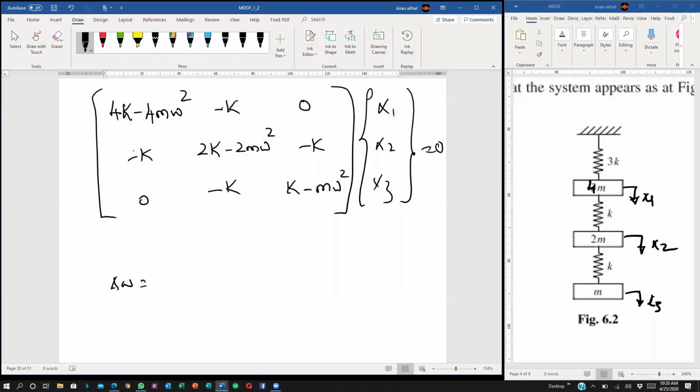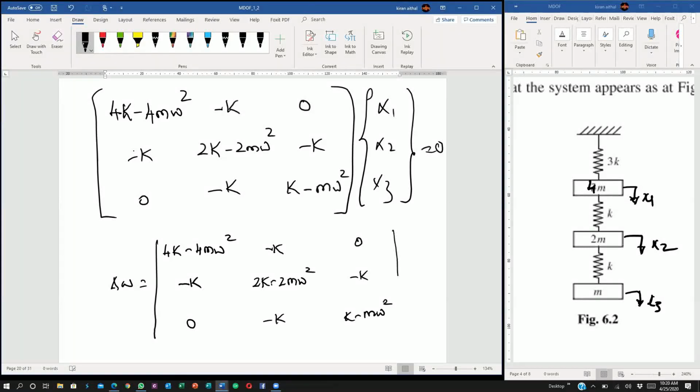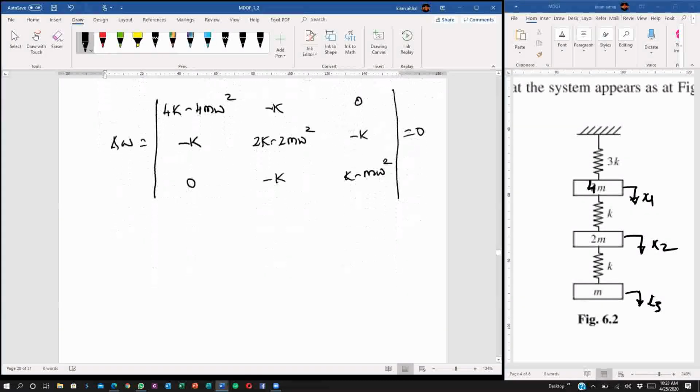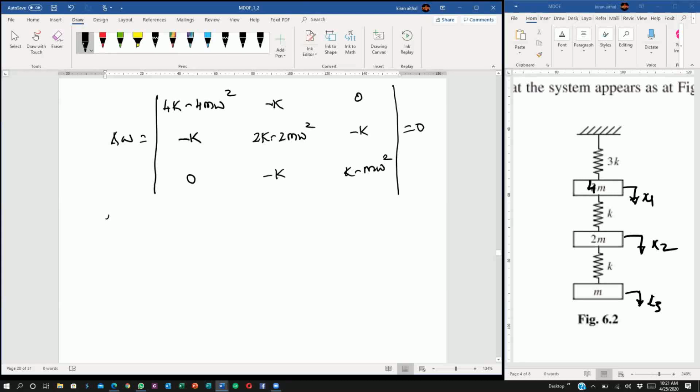So what is it? 1 is equal to the determinant of 4k minus 4m omega square, minus k, 0; minus k, 2k minus 2m omega square, minus k; 0, minus k, k minus m omega square, okay, this is equal to 0. Now next part, I have to expand the determinant.